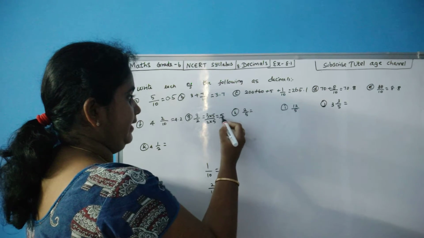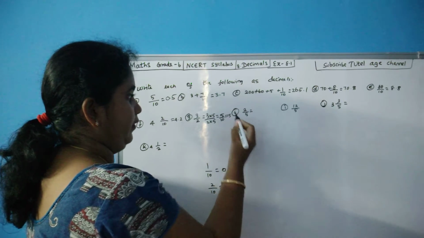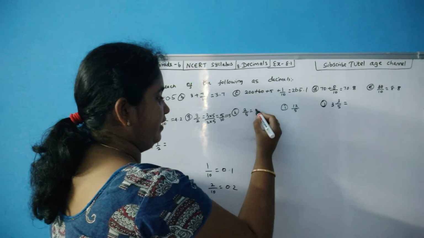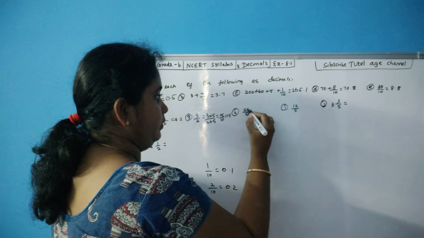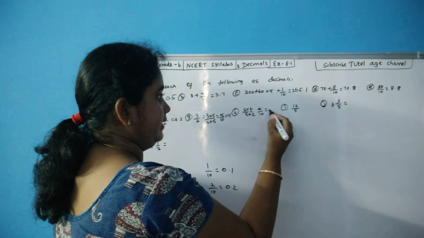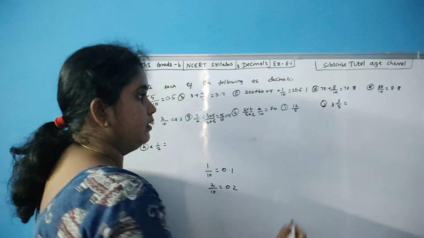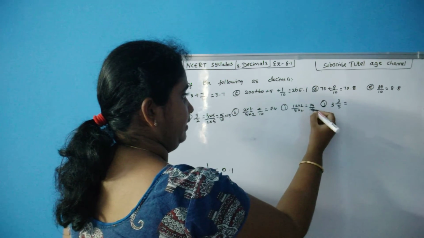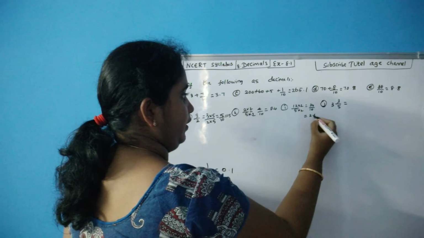So 15 by 10 I am getting, that is nothing but 1.5. Hope you understand. Next, 2 by 5, multiplying by 2: 4 by 10. So I am getting 0.4. Here also multiply by 2: 12 times 2 is 24 by 10, which is equal to 2.4.